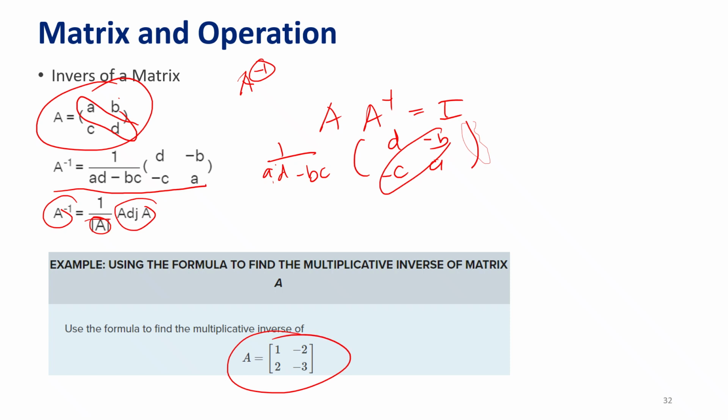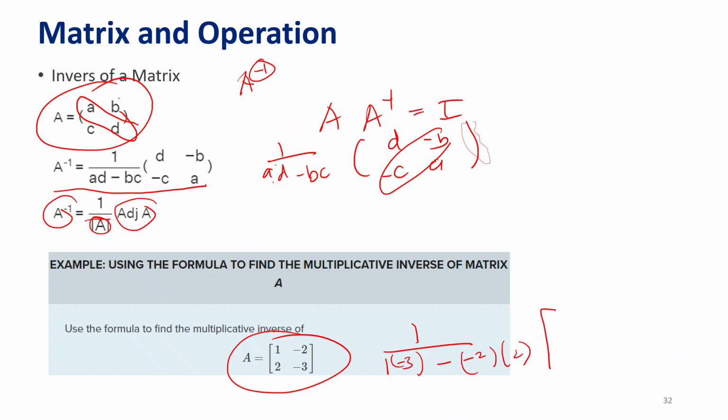Now try to use this formula to find the inverse of this matrix. So it will be equal to 1 divided by 1 multiplied by -3, minus B multiplied by C, -2 multiplied by C. C is 2.